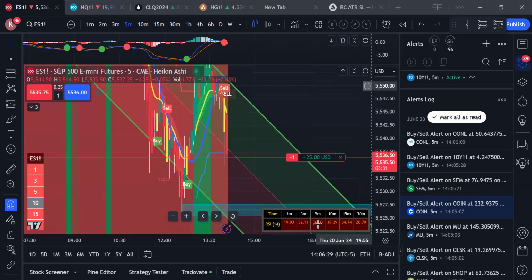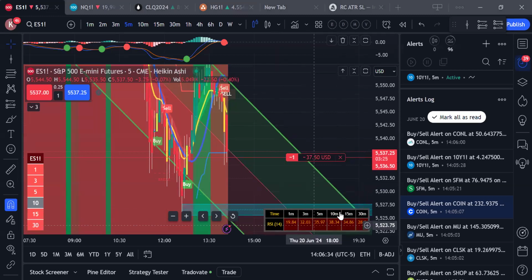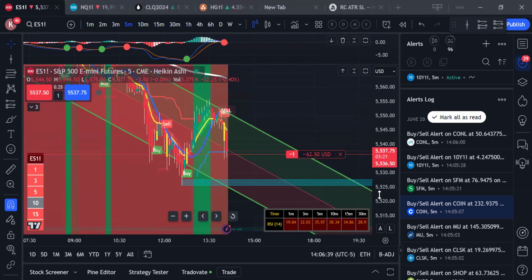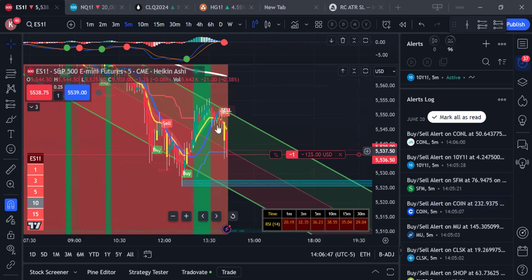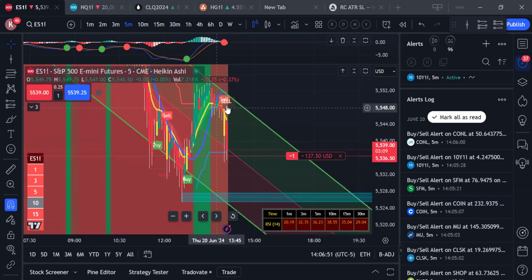So is it making sense? Instead of you doing the stuff, it is helping you by looking at various factors and telling you, okay, is it a good buy or good sell? So you got a sell here, you got one more sell there. I should have done that sell a little bit earlier, but that's fine. Still, it will go all the way down and then it may bounce back.